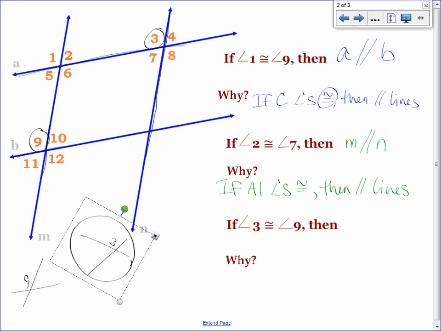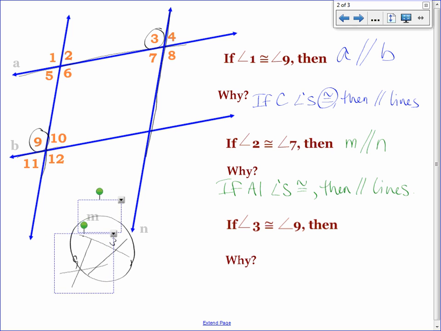And 3 and 9 are the same still, right? And if I have them intersect again, do we have parallel lines? No, but we still have 3 and 9 congruent, right? So can we say that we have parallel lines here for sure? No, we can't.